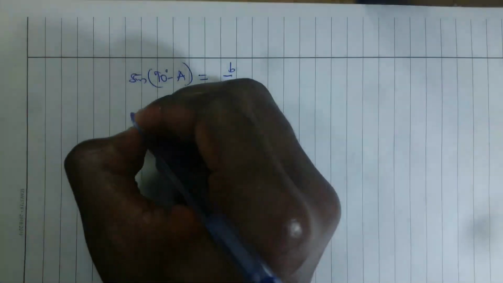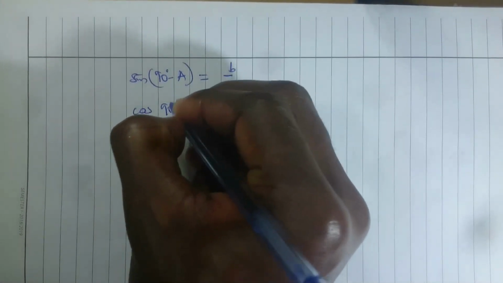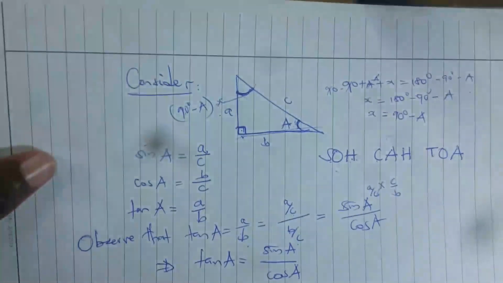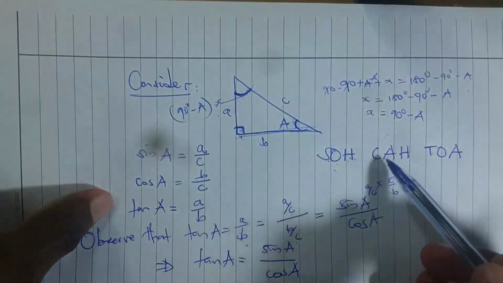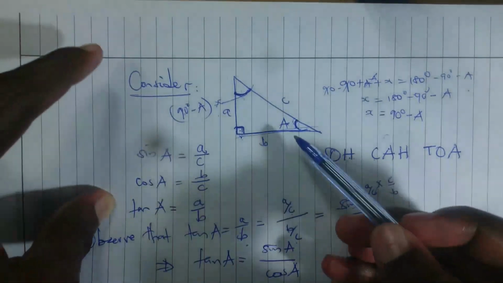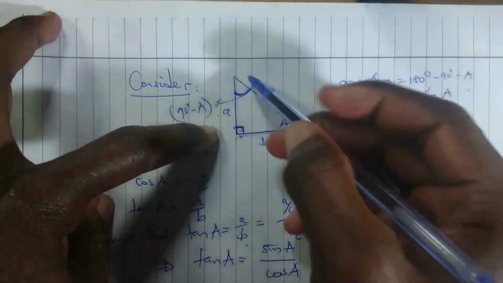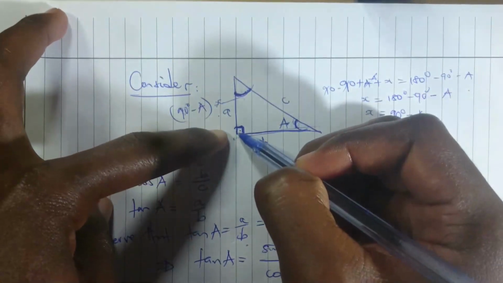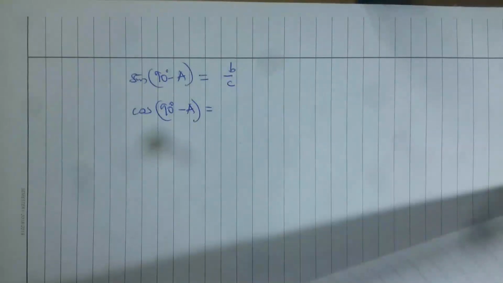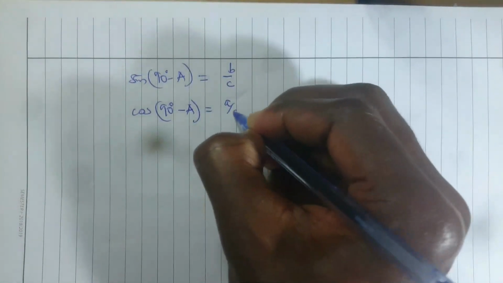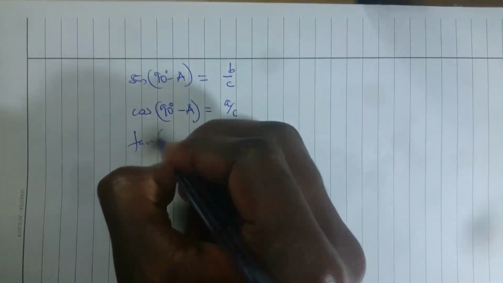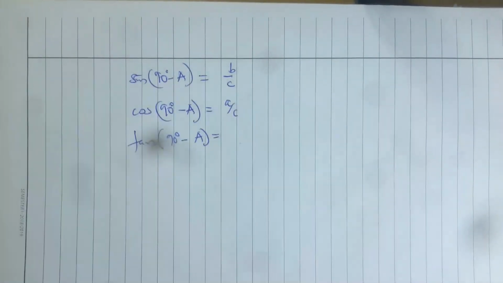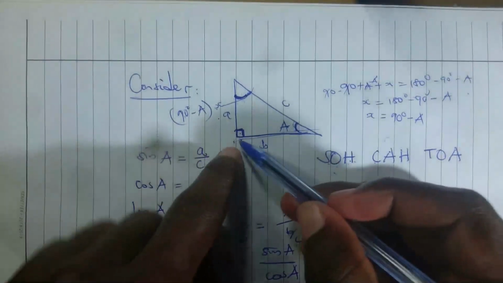Now our cos of 90 minus A is given by adjacent. Remember, cos is adjacent over hypotenuse, so we're going to have our adjacent. This angle is now adjacent to 90, so that makes that side our adjacent. Hypotenuse is the slanting one, which is A out of C. Then tan of 90 minus A is opposite over adjacent.